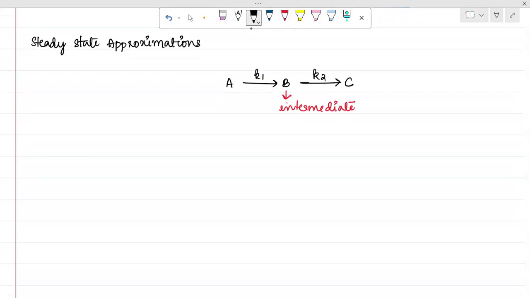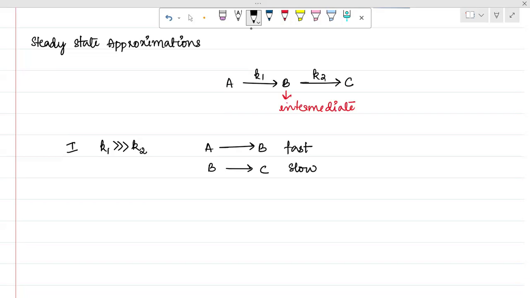Case 1 is where the value of K1 is way higher than K2, meaning A giving B is very fast. A large value of rate constant means it's quick, while B becoming C is slow.